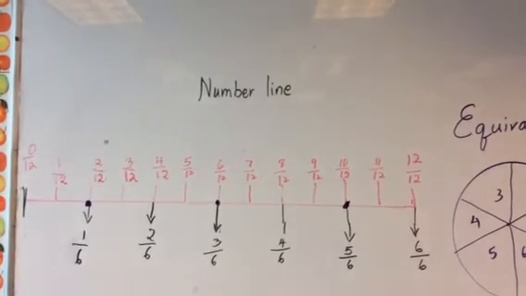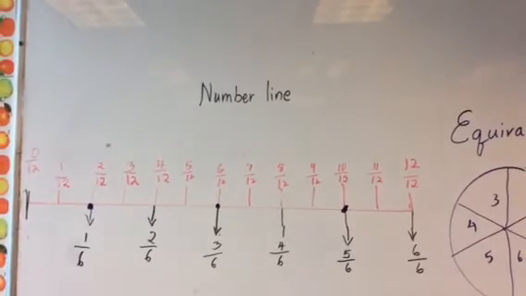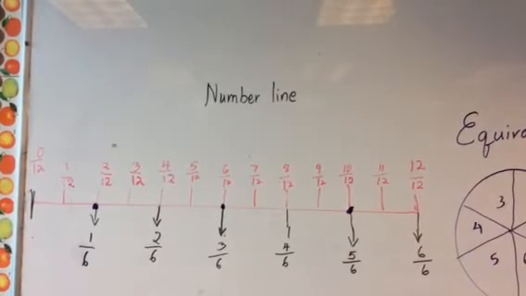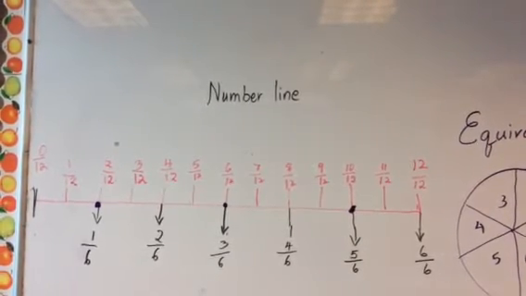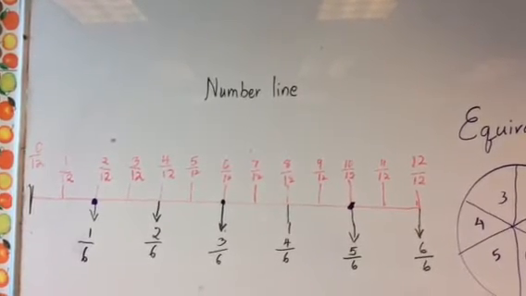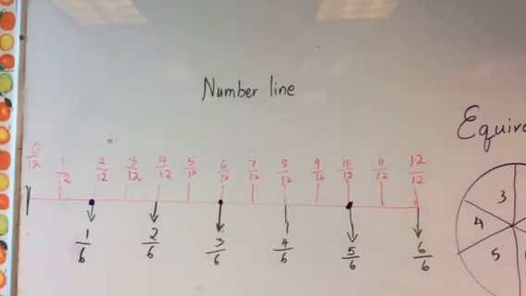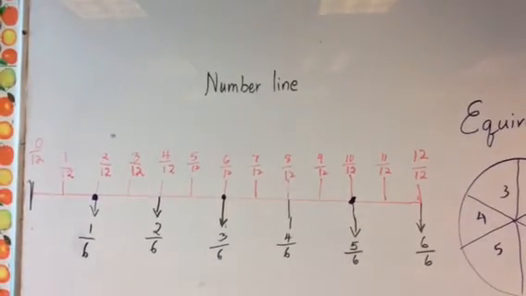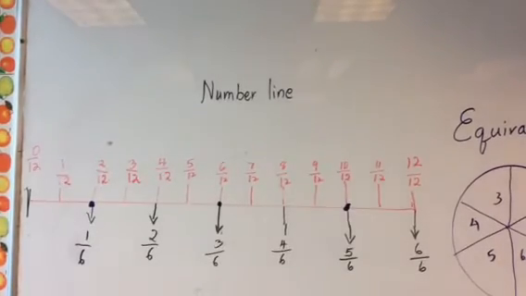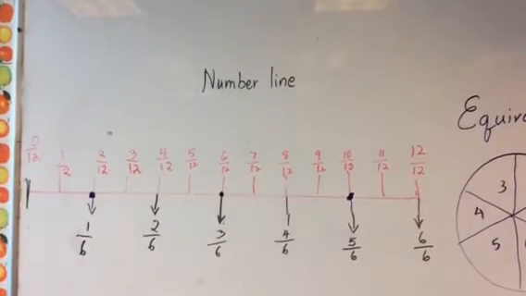And 6/6 is equivalent to 12/12. 6/6 is a whole yardstick. 12/12 is a whole yardstick. Wherever the dot 5/6 is, the top red fraction 10/12 is equivalent. So that's how it is the same place, but one was divided into 6 parts, the other one was divided into 12 parts.